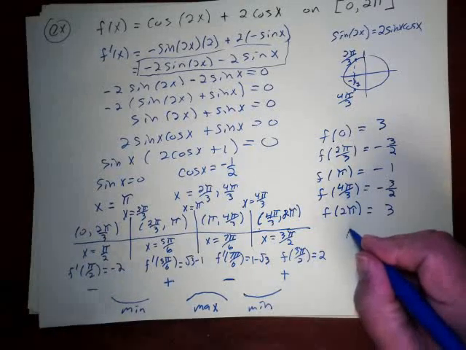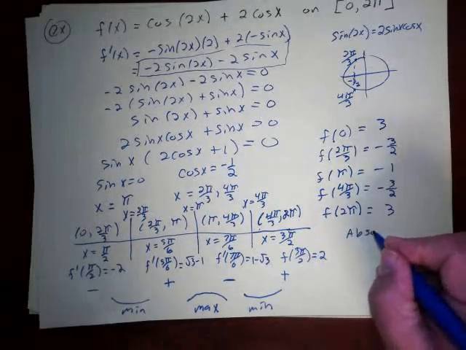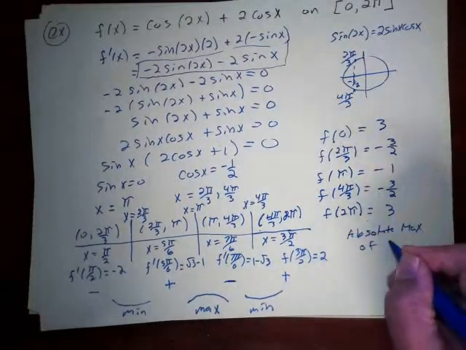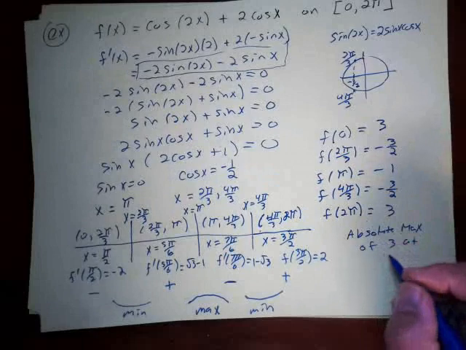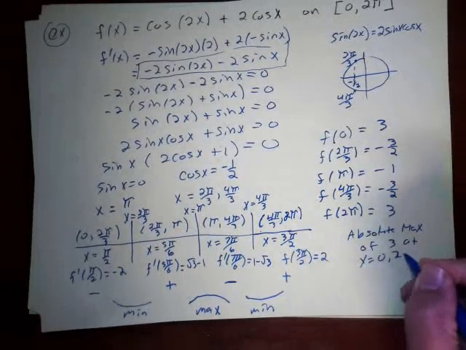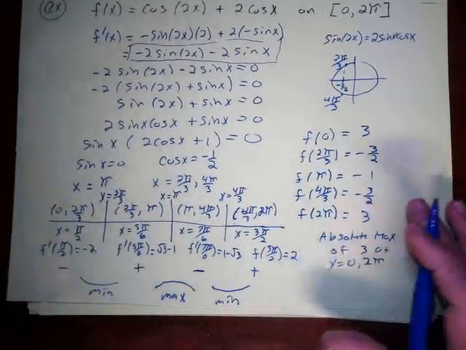So there's an absolute max of 3 at x equals 0 and 2 pi, so at the endpoints of the interval.